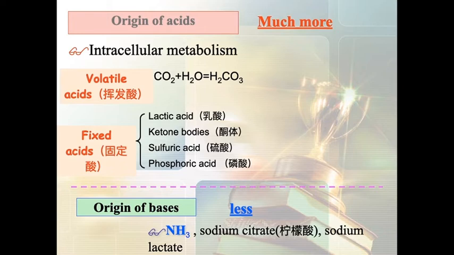And fixed acids: lactic acid, ketone bodies, sulfuric acid, and phosphoric acid. These are all fixed acids. And the origin of bases, we have fewer origins of bases. So you can imagine our body has many ways to produce acid compared with base production.